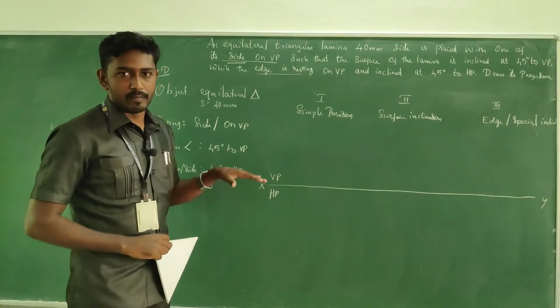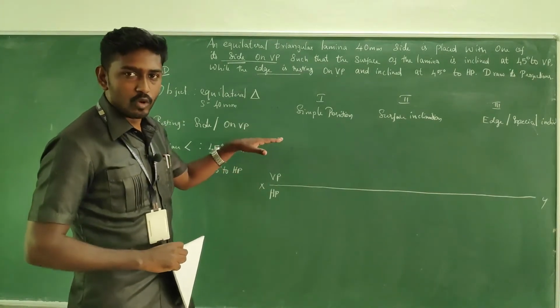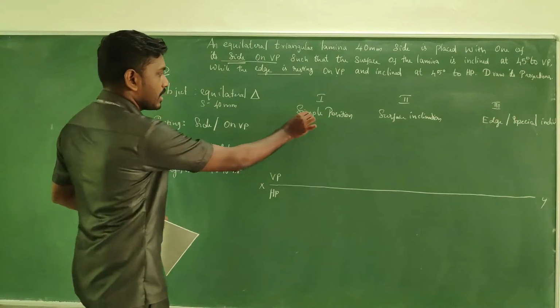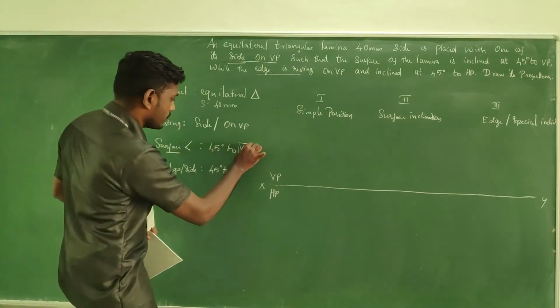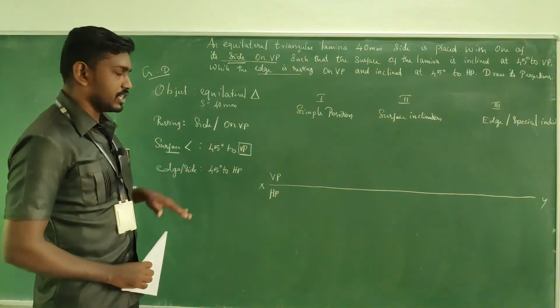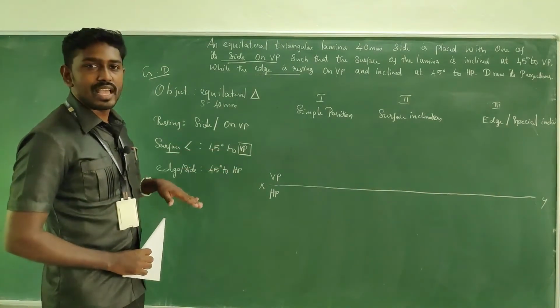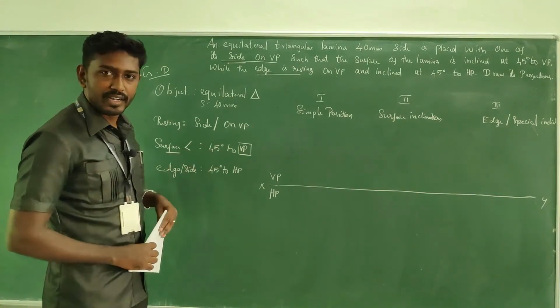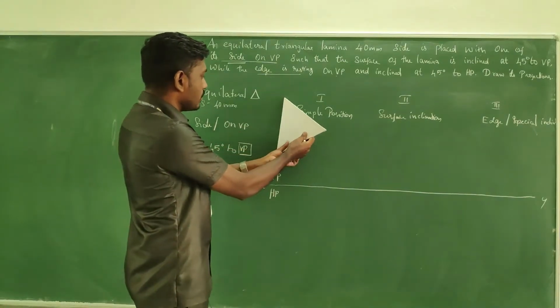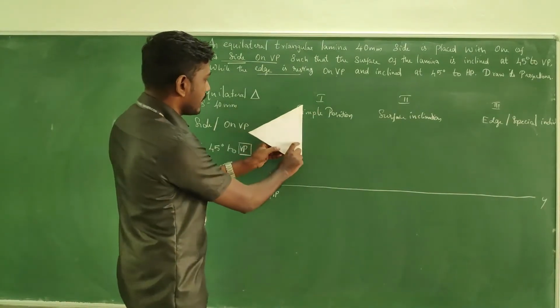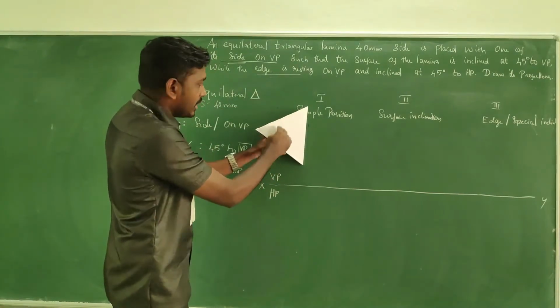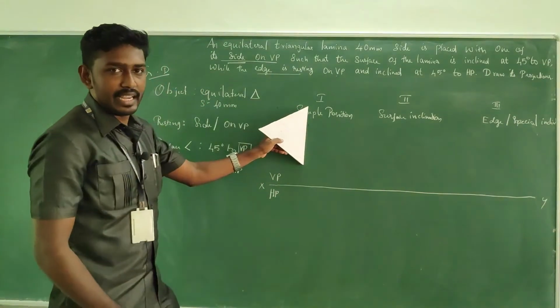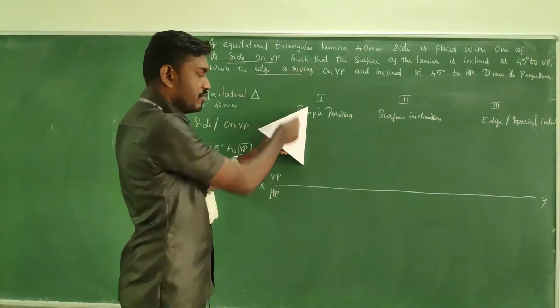In the simple position, purely we take the position based on the surface inclination. Here the surface is inclined to VP 45 degree. This is how it is inclined. The surface of the polygon is inclined 45 degree with VP.